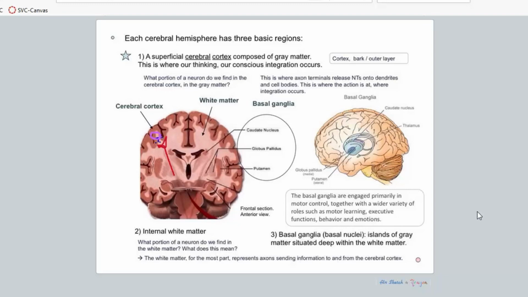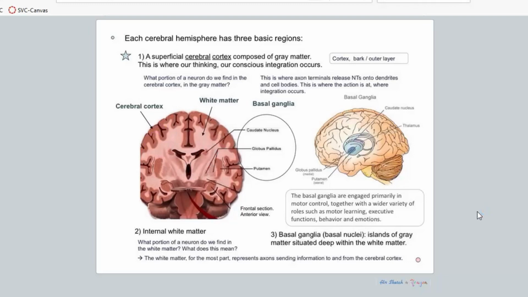And when those axon terminals release neurotransmitters onto those cell bodies, that's when thinking happens. That's where integration happens. And so the cerebral cortex is where all the action's at, and then this white matter just represents axons basically taking all that sensory information up to the cerebral cortex to be processed.